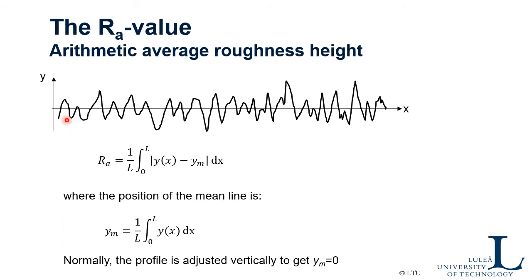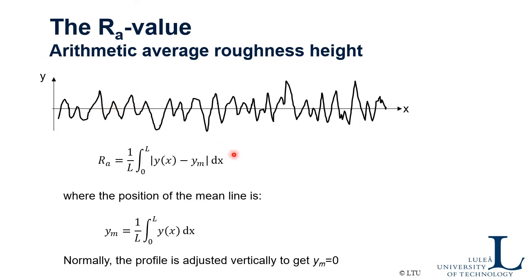The surface roughness or the asperities aren't as steep as they look in this picture, but you want to use an illustration like this because you want to show the roughness over a certain length.